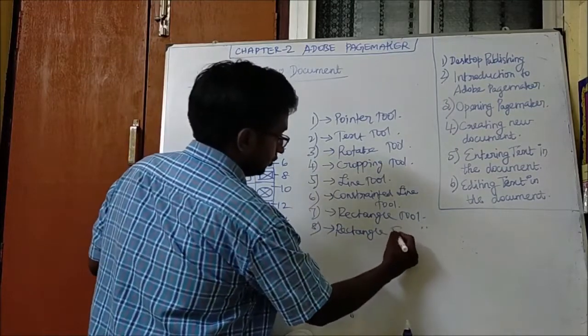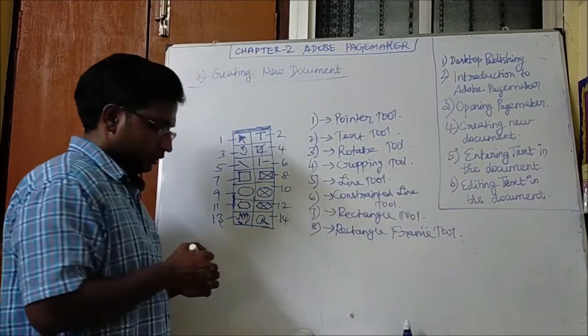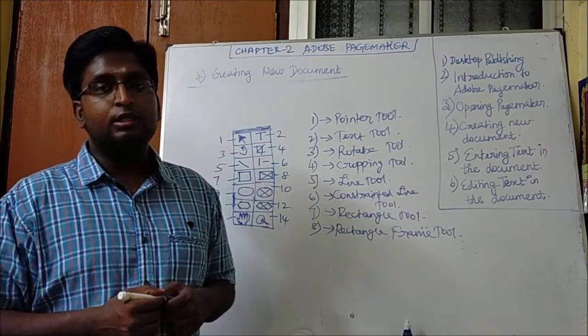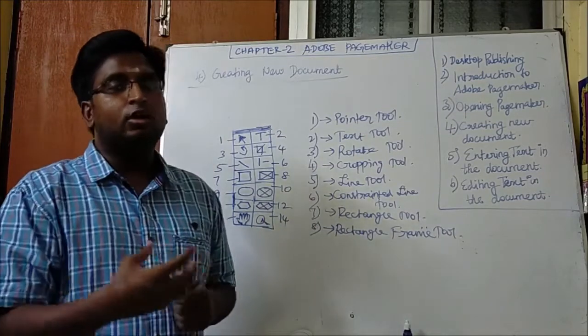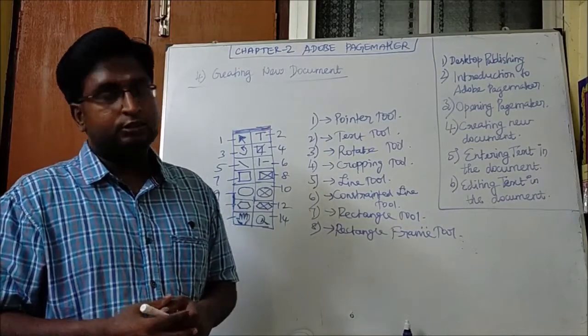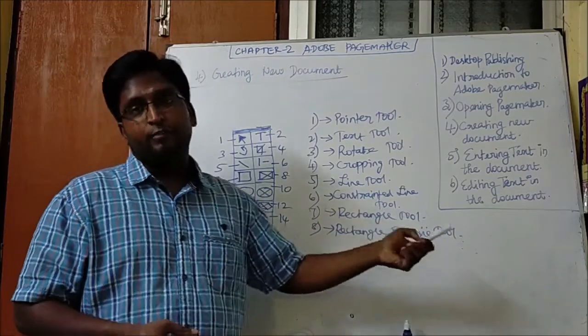It is used to create a rectangular placeholder. A placeholder is nothing but something which holds some text or images, whichever we want to have in the placeholder. So a rectangular placeholder can be created using this rectangle frame tool.